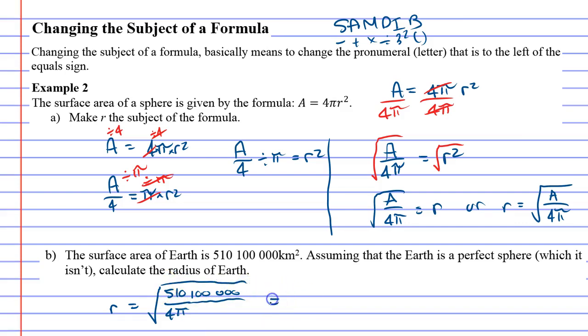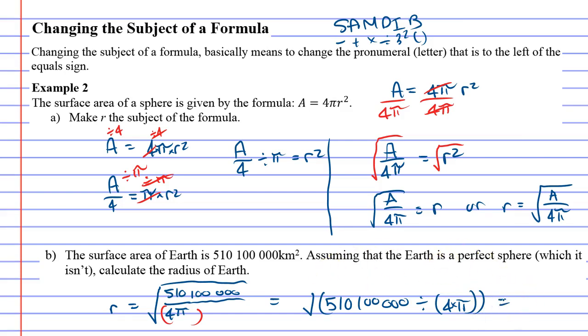Okay. Now, when you work this out in your calculator, you've got to be really careful. I mentioned earlier that whenever you've got fractions, there's technically like brackets around them. Okay. So when we work this out, it's important we use the square root button on your calculator and then an open bracket and write our number in, 510,100,000. And then we're going to divide that by 4 pi, which we're going to put in brackets, 4 times pi, in brackets, and we're going to put another bracket at the end.